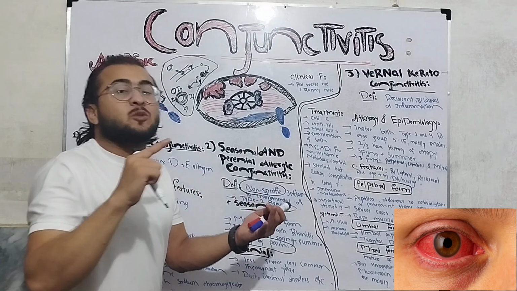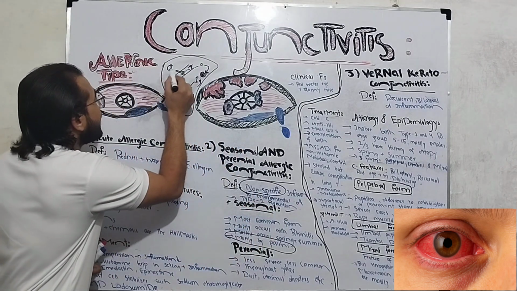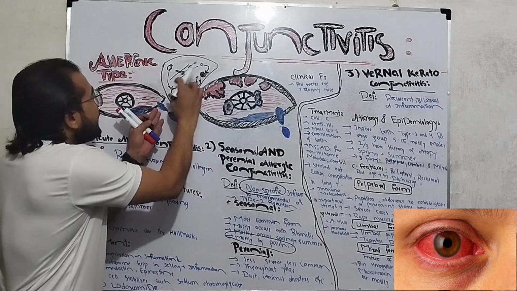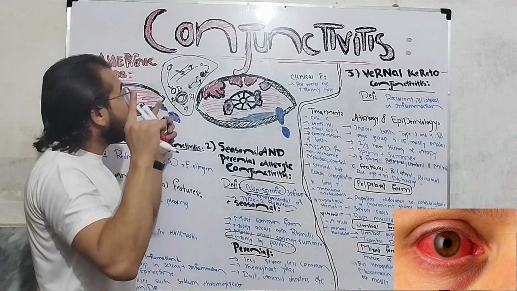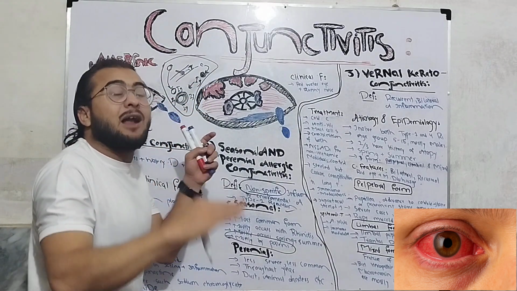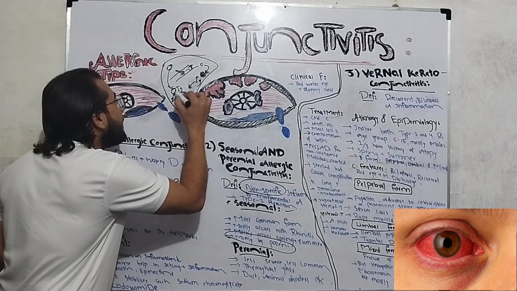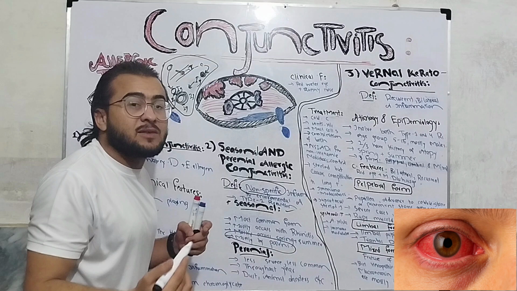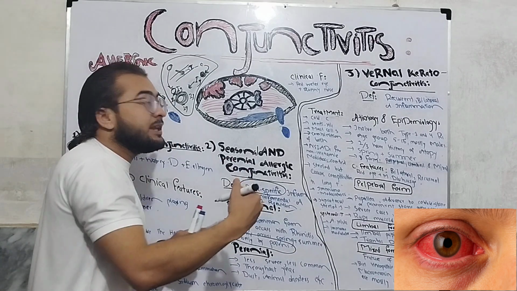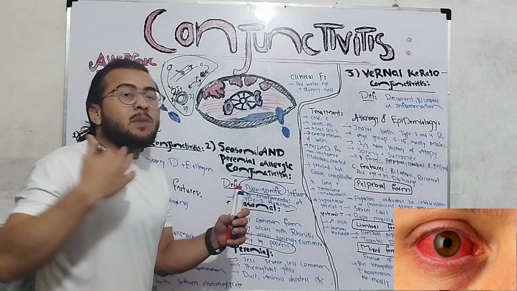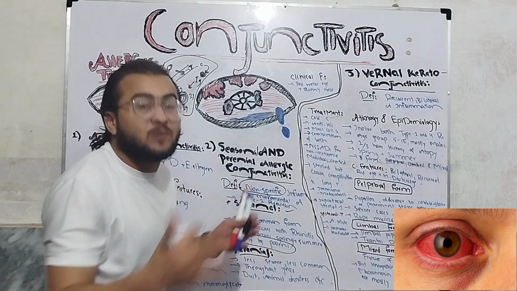When a person is exposed again to the same allergen, what will happen? This allergen will come and react with the immunoglobulin antibody already on the surface of the mast cell, and this attachment will initiate a reaction inside the mast cell, in which the mast cell will degranulate and release different types of inflammatory mediators which will cause the inflammation.